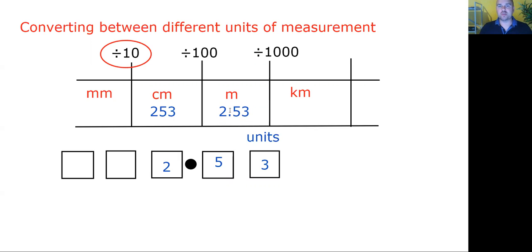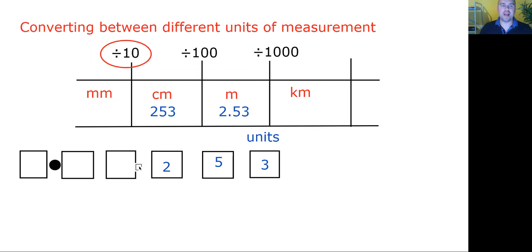If we're now going to take that 2.53 meters and turn it into kilometers, we know, looking at the divide by 1,000, we've got to move the decimal point 3 spaces. I'm going to need another square. So let's put that there. Let's do that one. Let's do it black. Okay. So 2.53 meters. Divide by 1,000. Let's move it 1, 2, 3 spaces.